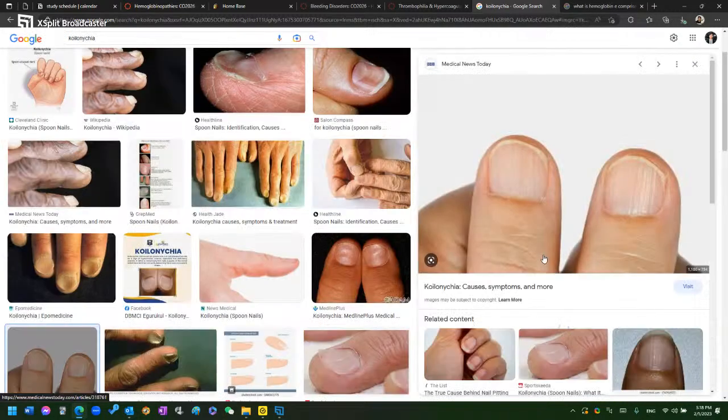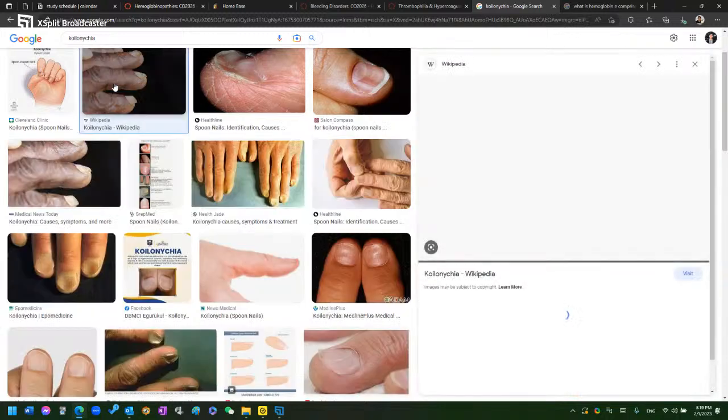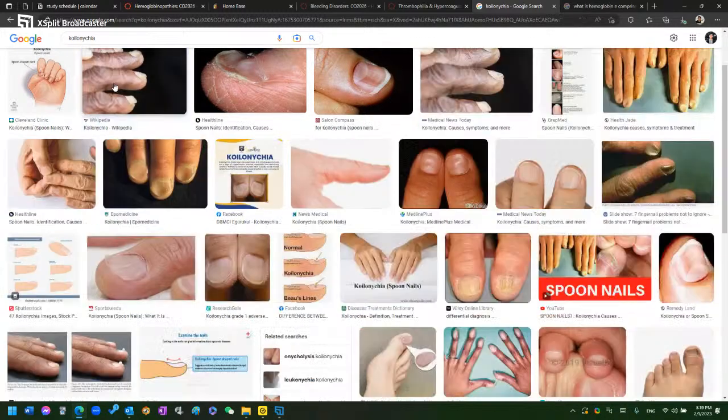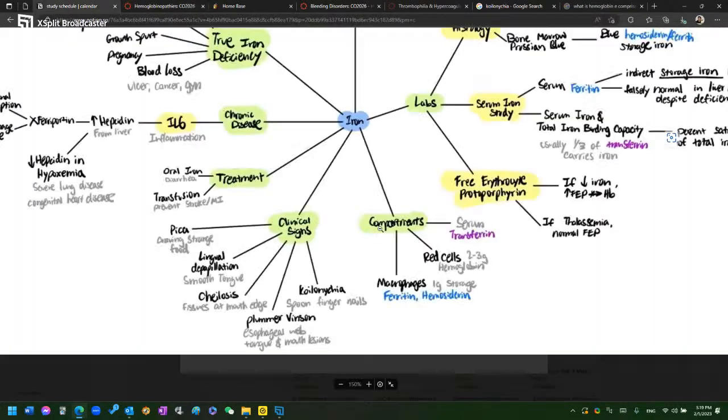Huh. I actually know somebody who had fingernails like this for a while. Anyway, a lot of things happen with low iron.